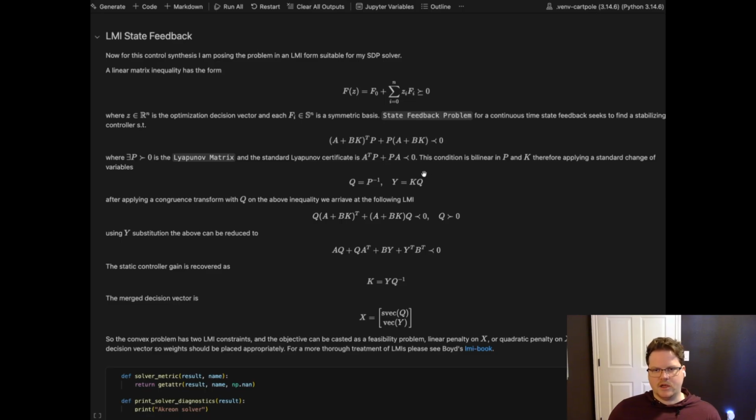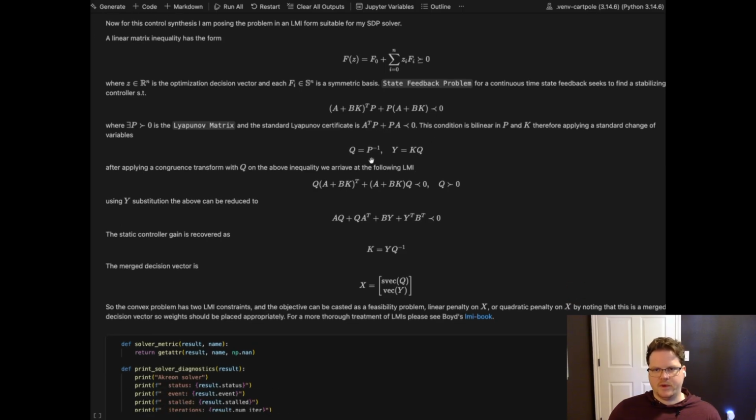But we can update this and make it convex by applying a change of variables here. So let Q be P inverse. P we know is positive definite, so that's okay. And then Y is equal to KQ. And so this next part is applying a congruence transform with the Lyapunov inequality up above.